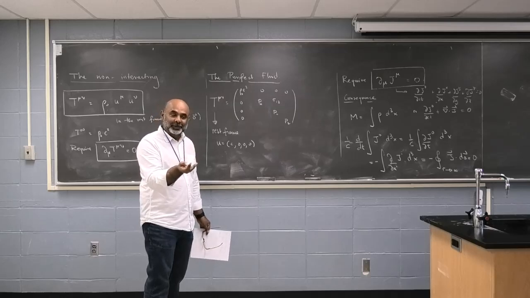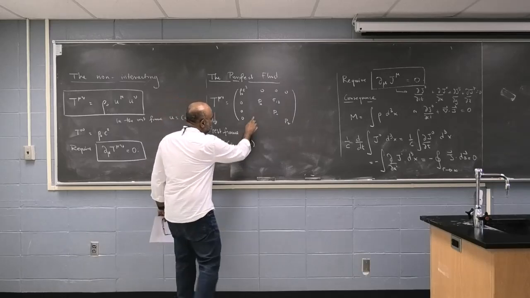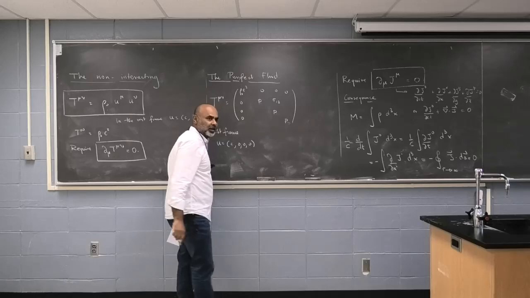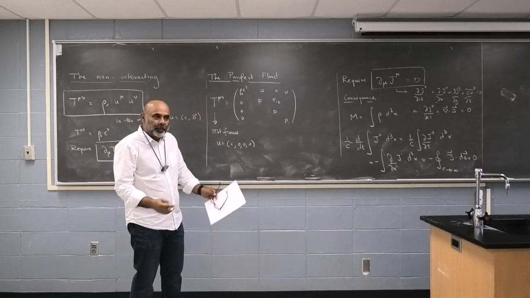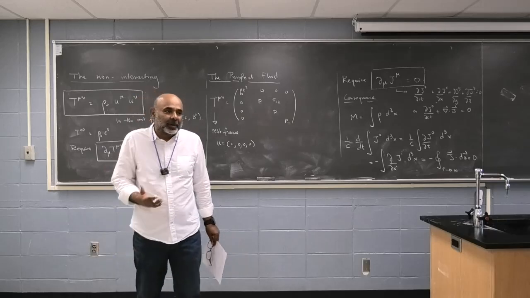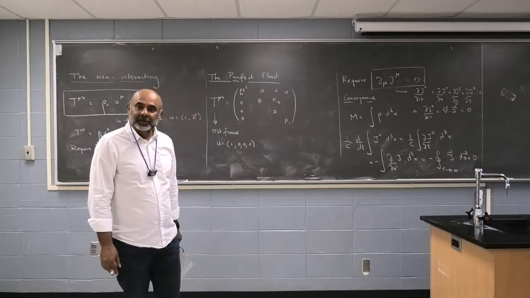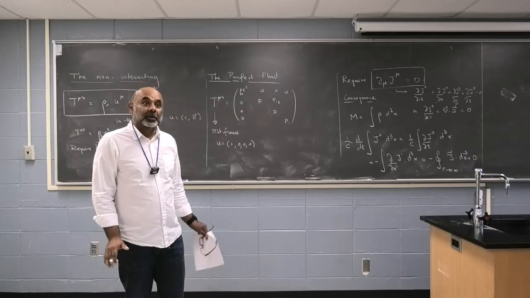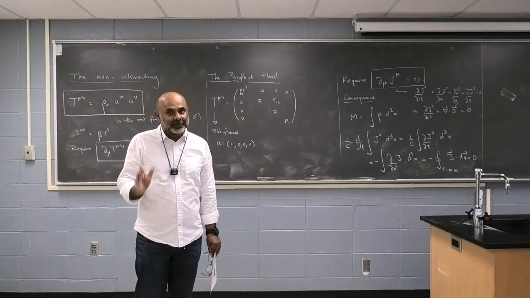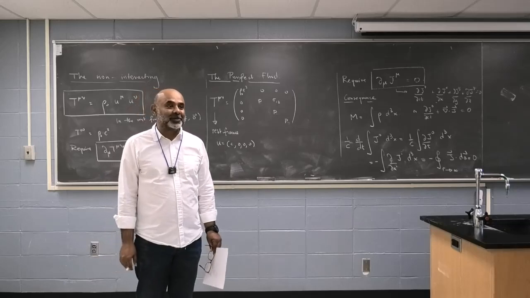But one way to make things perfect is pressure is just pressure. There's no preferred direction in the universe, right? That's not where we're headed towards. It may be true that there might be some preferred symmetries.